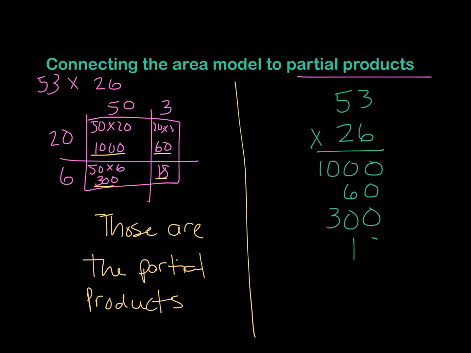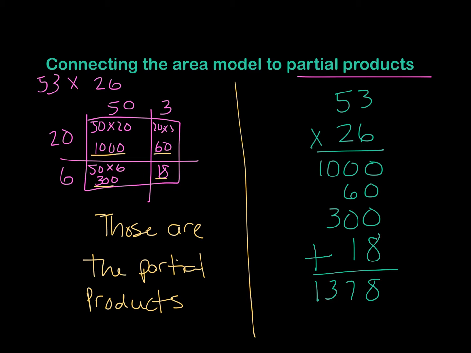It doesn't matter which order you go in, as long as you multiply each one by the other, so that you end up with 4 partial products because you have 4 digits. When you add those up, you get a total of 1,378.